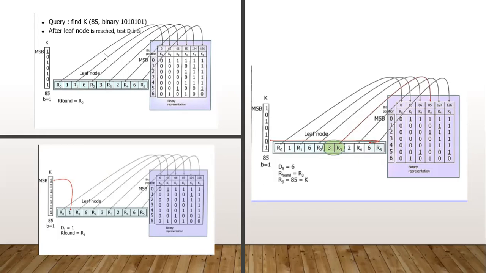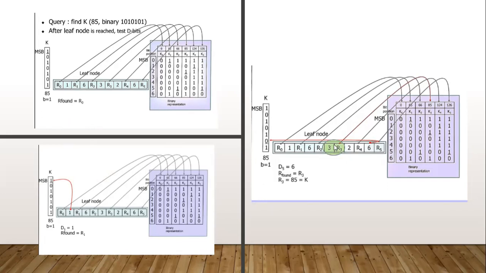How do they put it? Here is the binary representation, the value of 65. After that, Rfound is equal to R naught. After the MSB, we will put the value 1 in this position. So D1 is equal to 1, so Rfound is equal to R1.